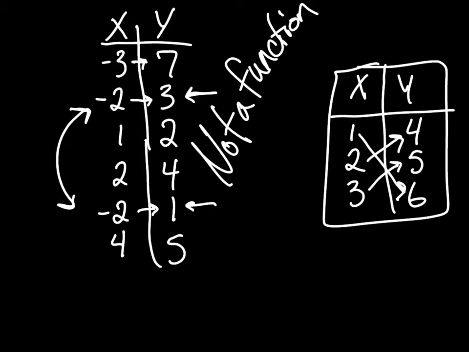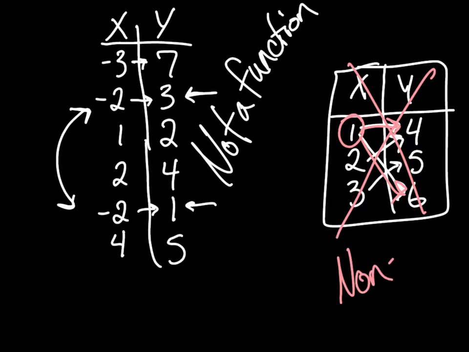X is 3, y equals 5. Now that right there would be a function. The only thing you have to look for in this one is, again, the doubles. So if 1 is also 4, then this is not a function because 1 cannot have 2 outputs. So it is also a non-function.